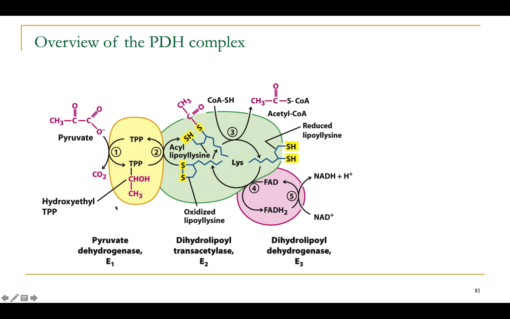Here, a very similar thing happens, except that the intermediate hydroxyethyl thiamine pyrophosphate is not decomposed, collapsing into thiamine pyrophosphate and acetaldehyde, but this bound hydroxyethyl group on thiamine pyrophosphate is transferred to the E2 subunits to reduce the lipoyllysine group carrier from its oxidized form to its reduced form.